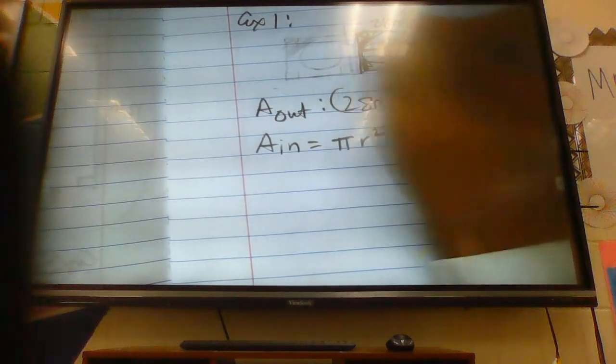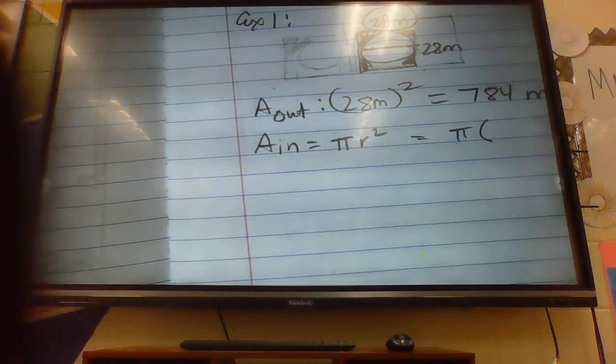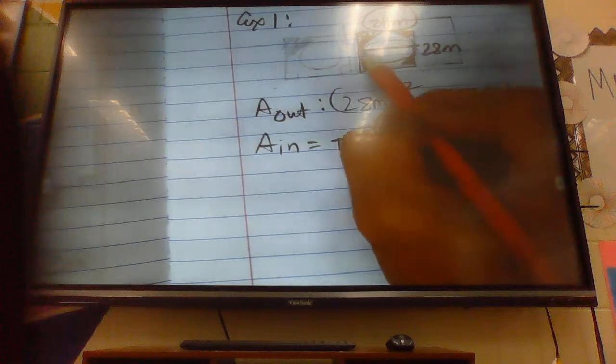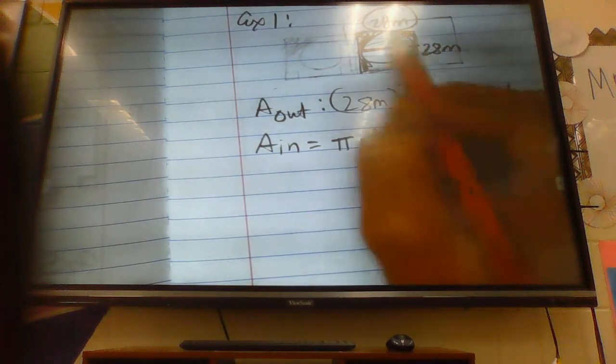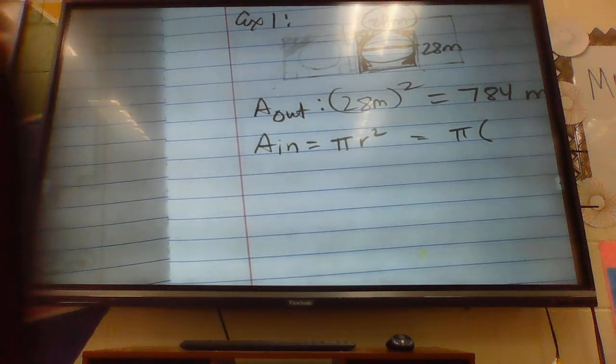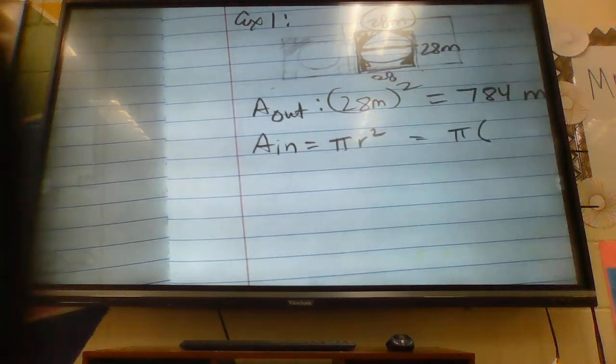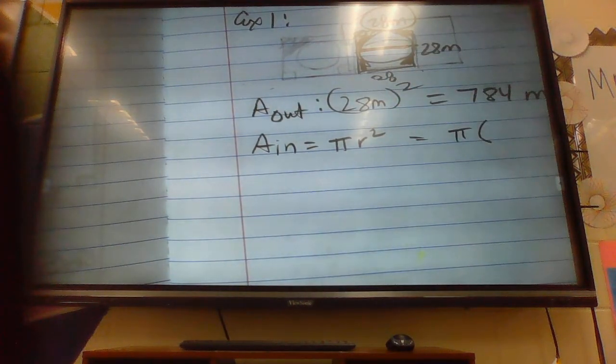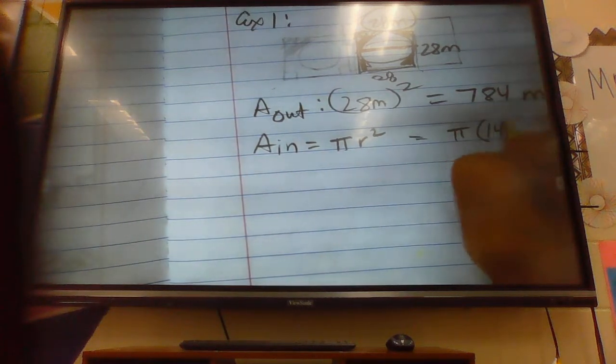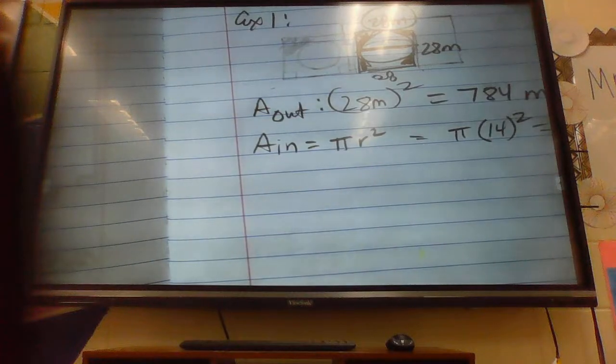This length is the same as this length. It's a square. There's a circle in the middle, but the diameter is the same as the sides. 28 here, right? So the diameter is 28. So like Addison said, the radius is 14.